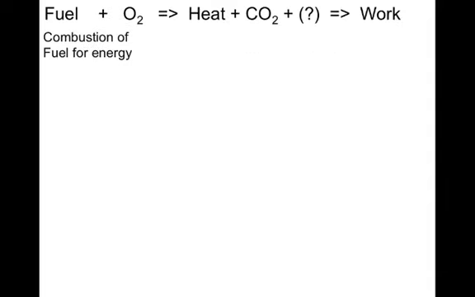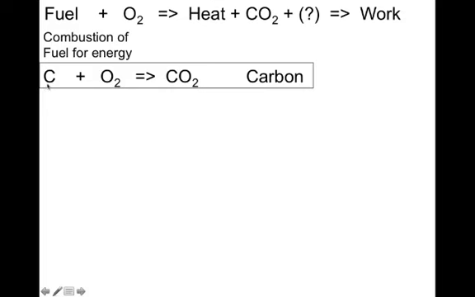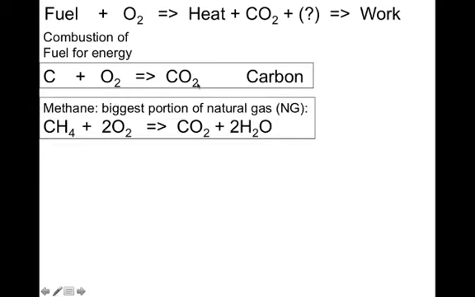So let's take a look at combustion a little closer. We have fuel plus oxygen gives us heat and carbon dioxide. So what does that look like? Well, how about if your fuel is just carbon, that black gritty stuff like in the lead of a pencil or briquettes? You add oxygen to it, you get carbon dioxide. That's it. Natural gas: the biggest constituent of natural gas is methane, CH4.